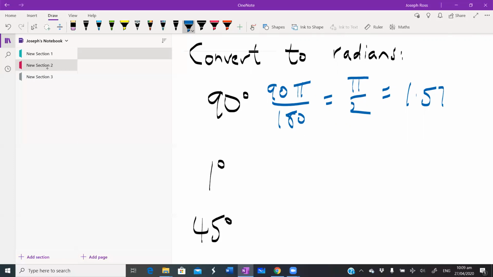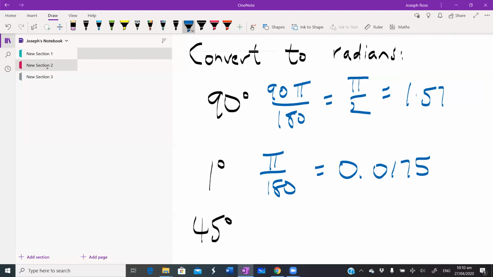Now, 1 degree is pi over 180, which should be fine as an answer, because that gives you an exact value, it's not rounded, but it doesn't really give you an idea of its size that we would get from a decimal. So if we work out pi divided by 180, we would get, to 3 significant figures, 0.0175.